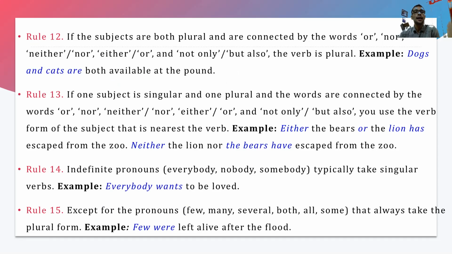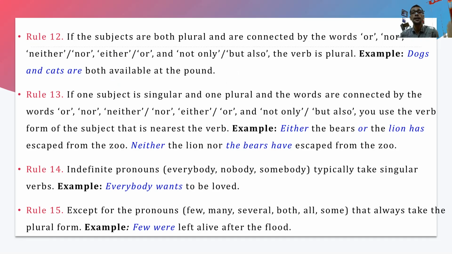Okay, next slide, rule number 12. If the subjects are both plural and are connected by the words or, nor, neither nor, either or, not only but also, the verb is plural. For example, dogs and cats are both available at the pound. Pound is the currency of England.